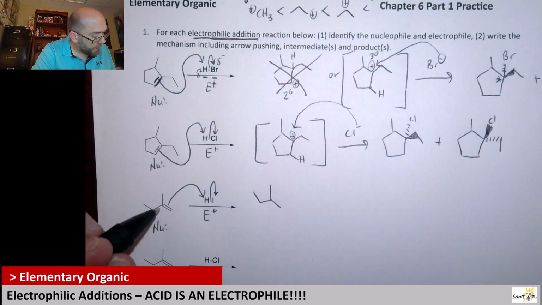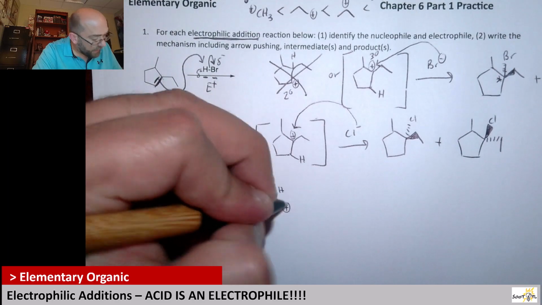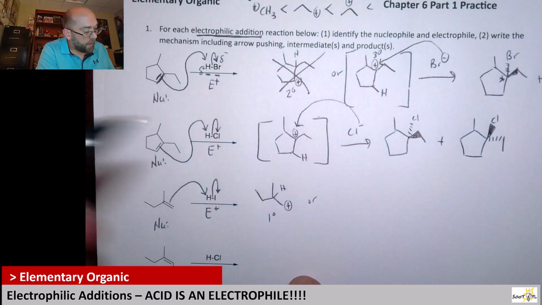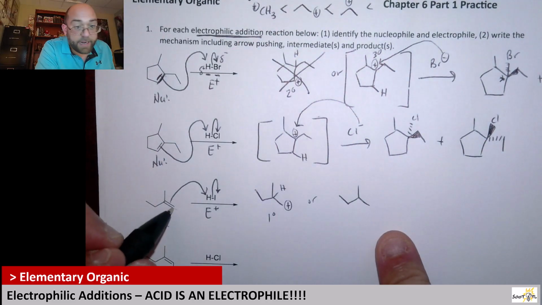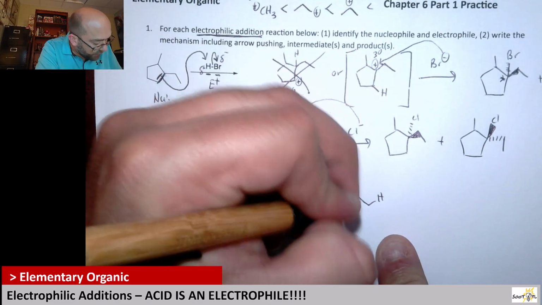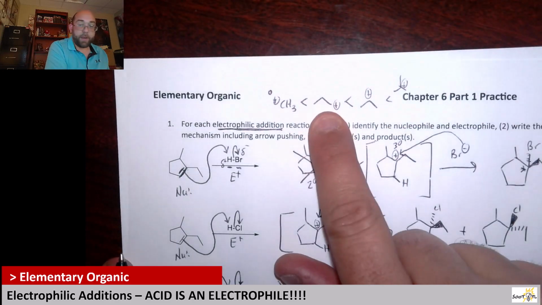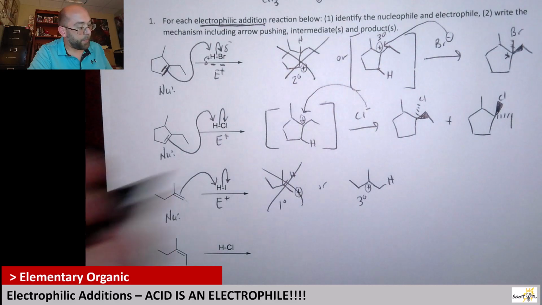So we're either going to have the hydrogen going at this carbon, like so, to give us a primary carbocation, or we're going to have the hydrogen going at the end here, right there, to give us a tertiary carbocation. And we already know primary is not as stable as tertiary, so we're not going to look at that intermediate at all.